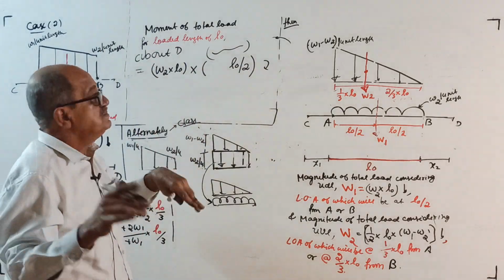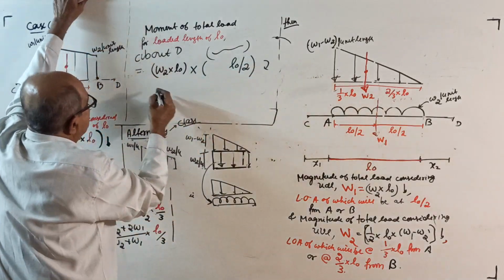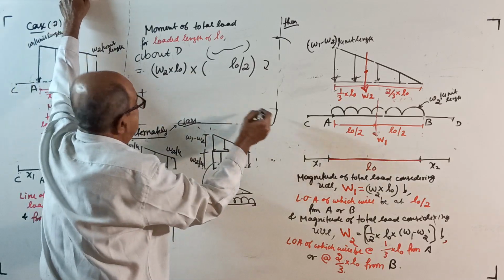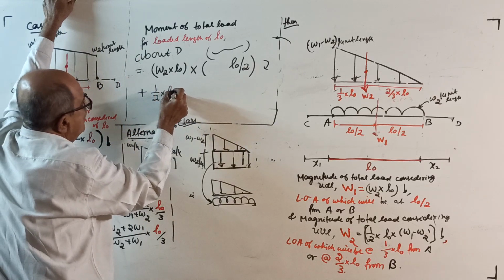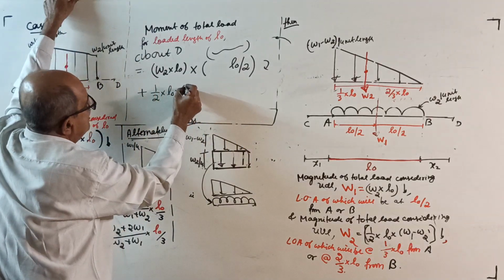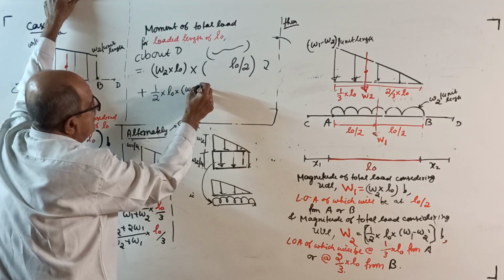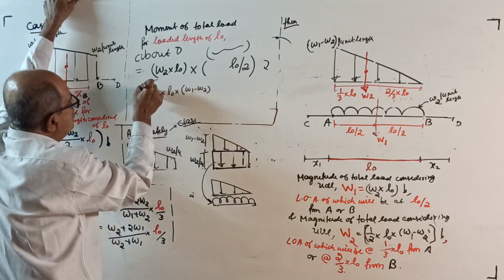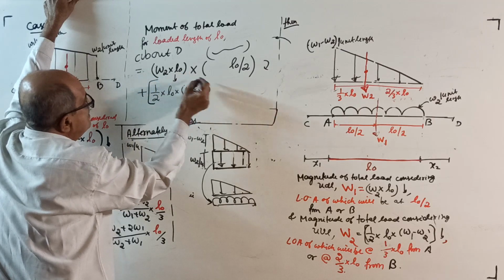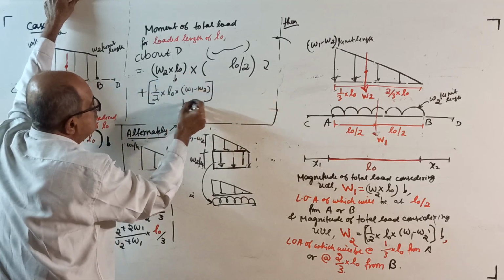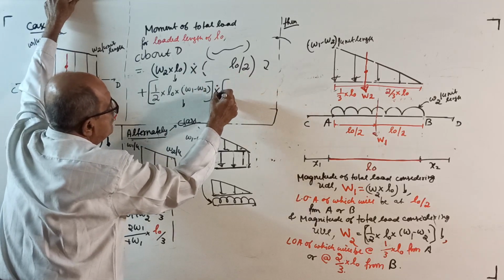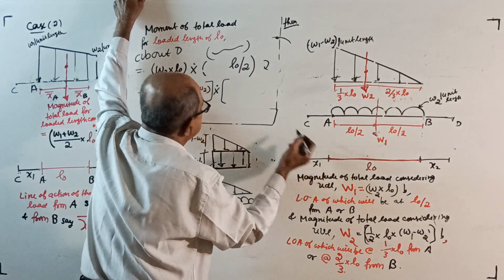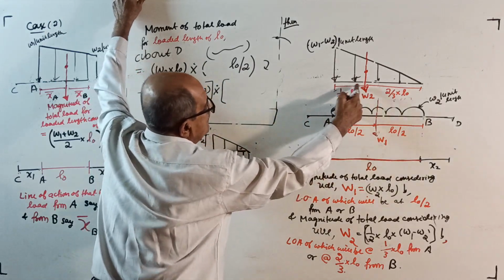Don't worry about the gap. This is clockwise, plus one more: half into L0 into W1 minus W2. This is the total load, into the distance from here, X, about A, 1/3 of L0.